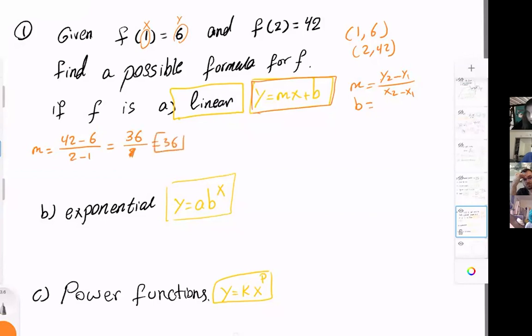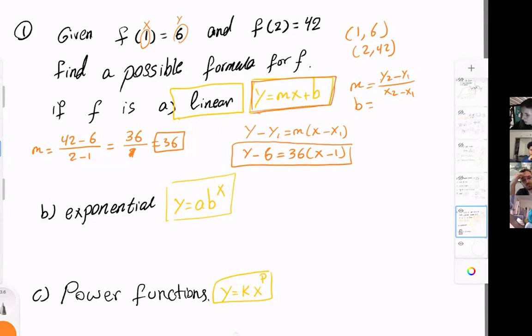So 36 will be m. We learned a different formula for a line. I'm going to use this formula: y minus 6 equal to 36 times (x minus 1). So that's the point-slope form. But you need to simplify it to mx plus b. That's the form that you have to submit on the computer.